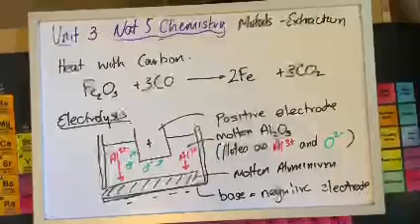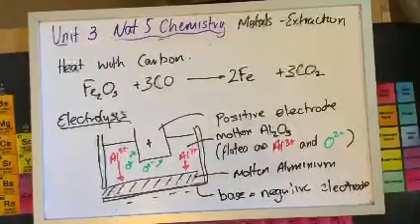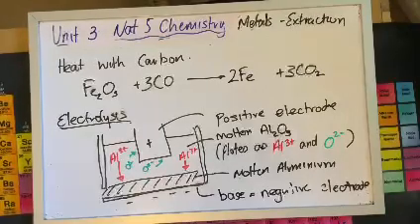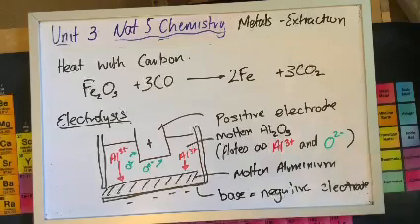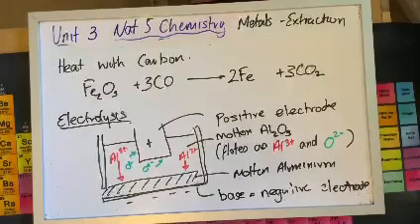In electrolysis, a cell is set up as we can see here with a positive electrode and a negative electrode. In this case, the electrolyte is molten aluminium oxide. As this is an ionic compound, when it's molten, the two ions float around separately.